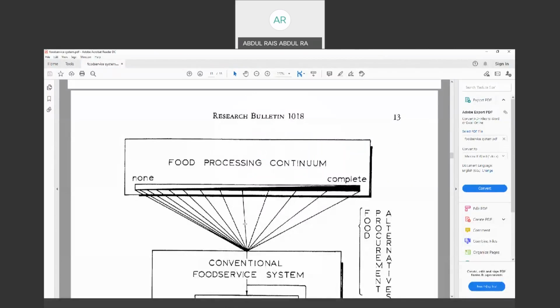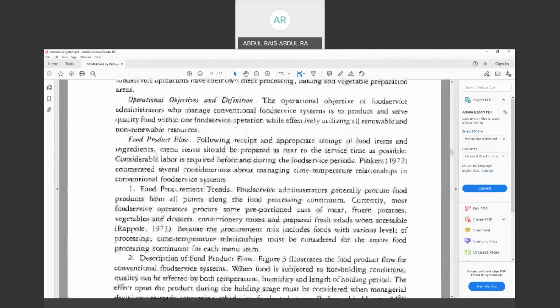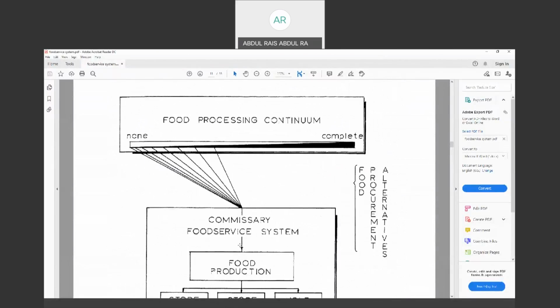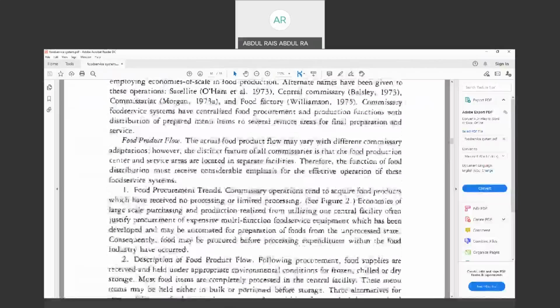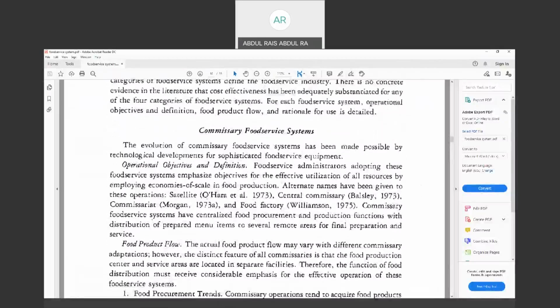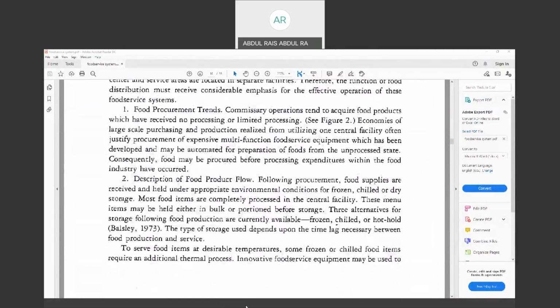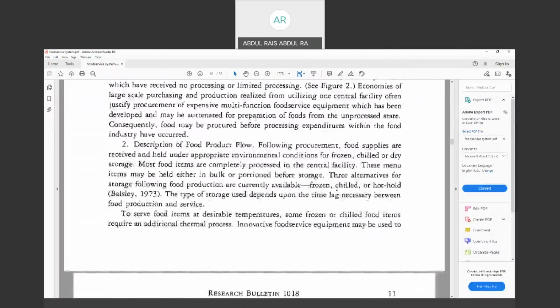Okay, kita naik ke centralized, ataupun nama lain dia ialah commissary. Namanya ialah commissary food service.